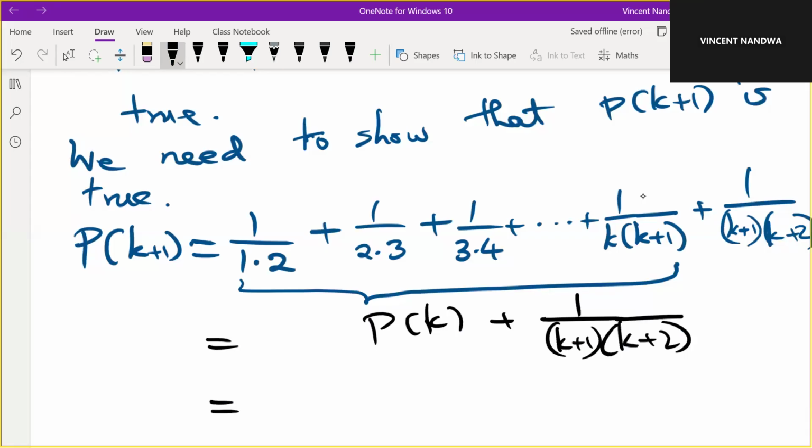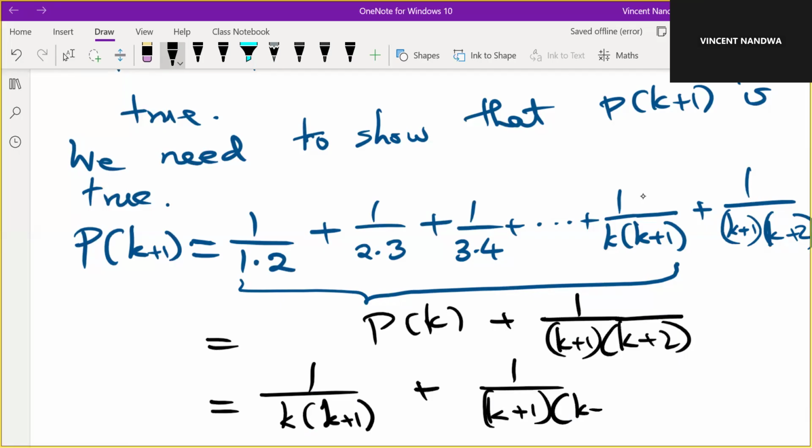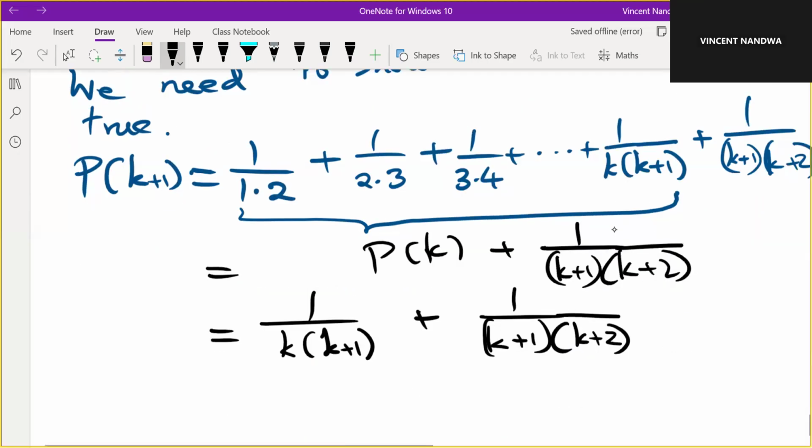Over k plus 1, so plus 1 over k plus 1 into k plus 2. Okay. This can be written as 1 over k plus 1 into 1 over k plus 1 over k plus 2.